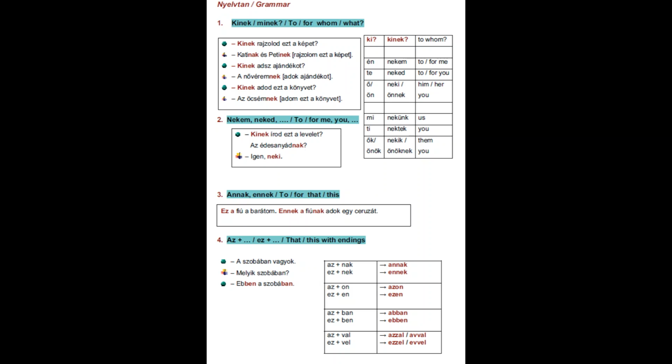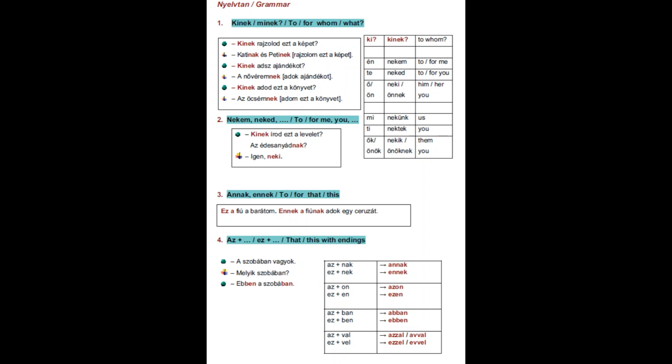So what did I just say? What did we just read? Ez a fiú a barátom. This boy is my friend. Remember, barátom, my friend. Ez, this, a fiú. Now, we are saying the boy.